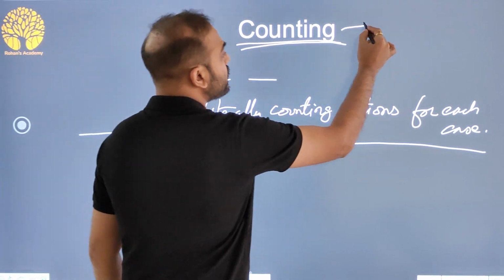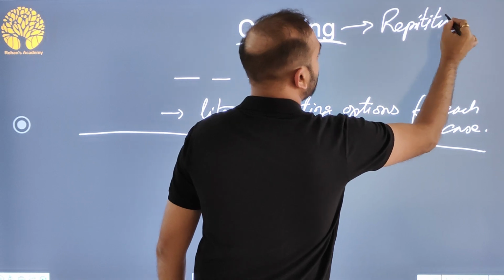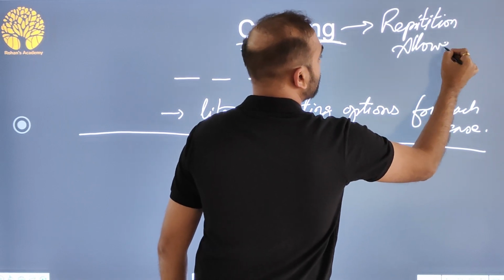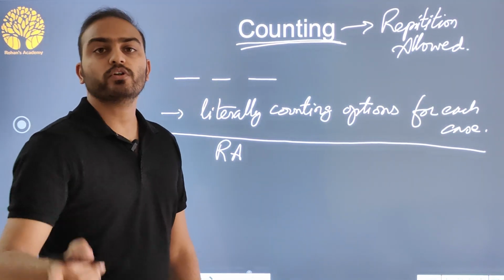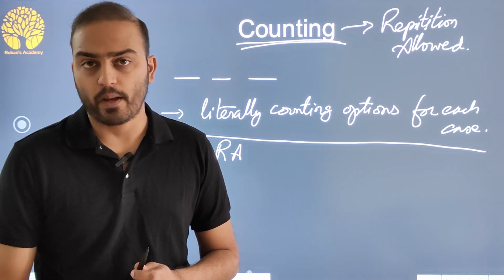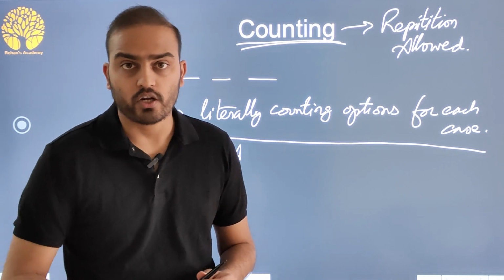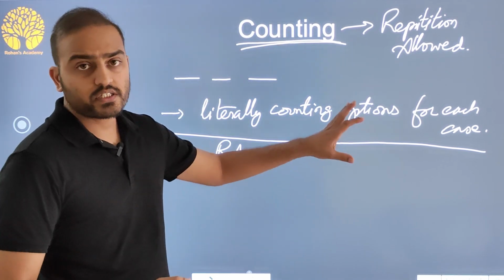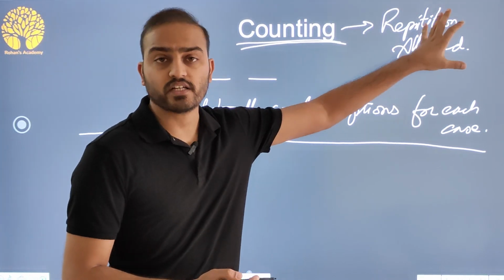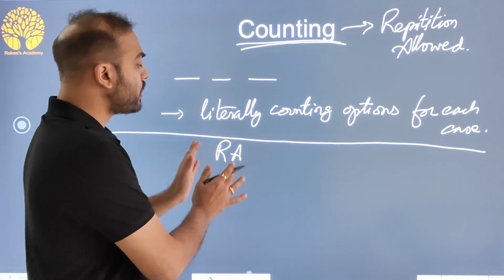We use counting when repetition is allowed, because remember, permutation and combination do not allow repetition to happen. They don't allow the same thing to repeat again and again. So whenever you see that repetition of values is allowed, you have to think about counting.